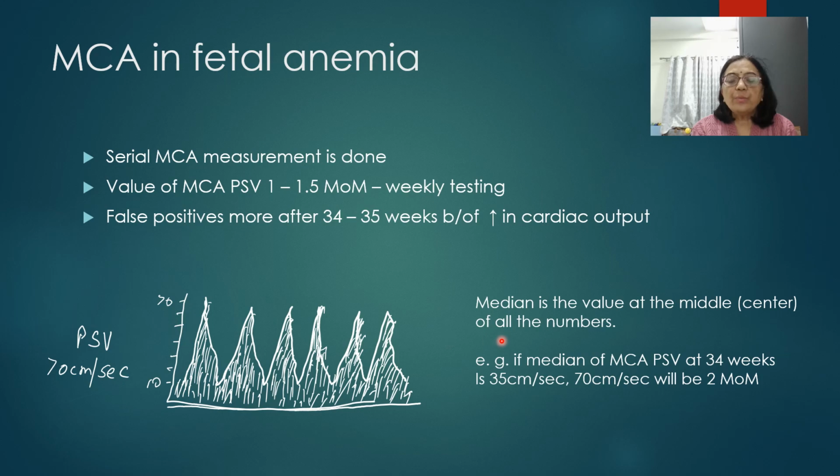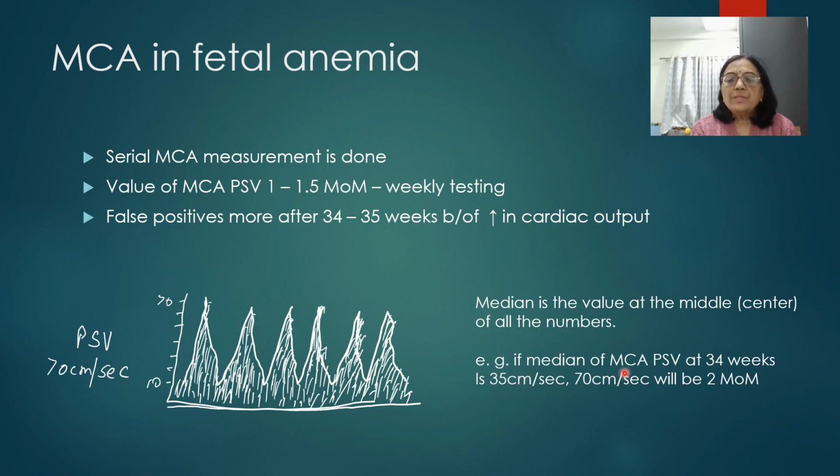So what is this MOM? We are using multiples of median. You must be remembering from your statistics days that we have mean, median and mode. So median is the number which comes at the center. On one part are the numbers which are greater, on the other part are the numbers which are less, and it is exactly at the midway.